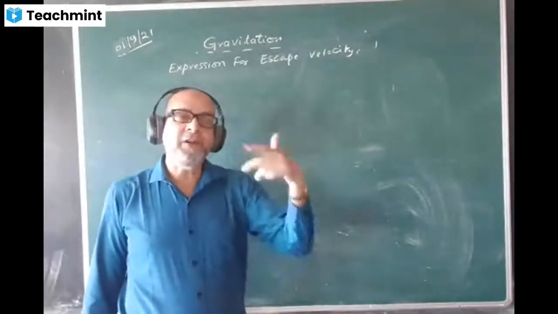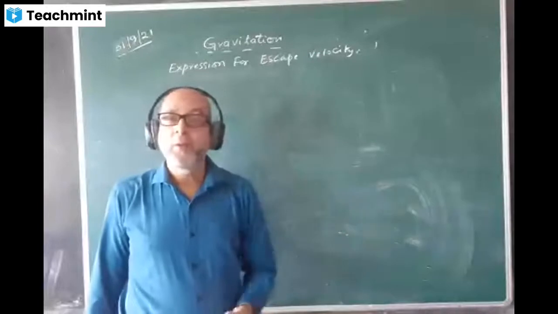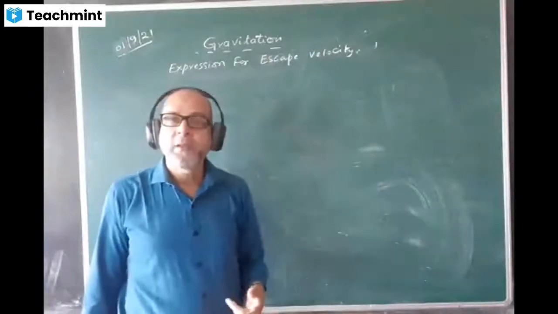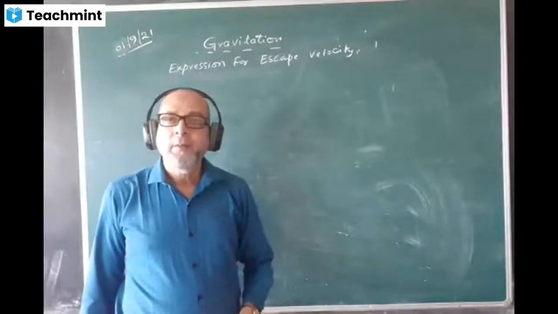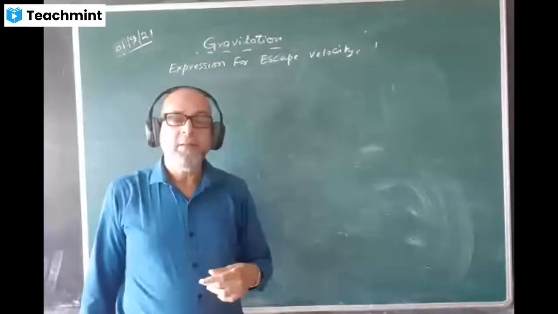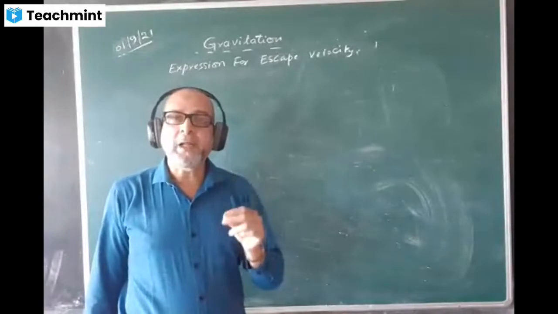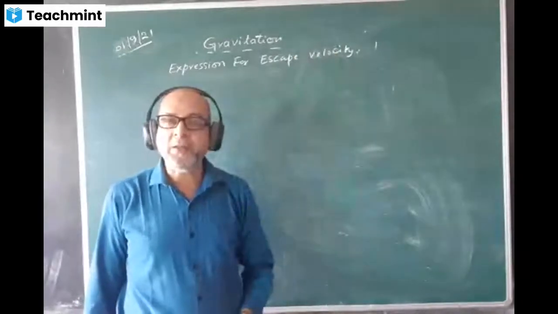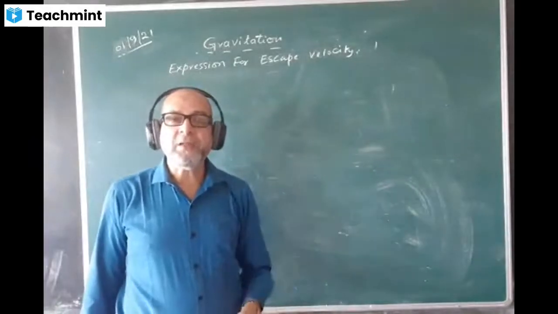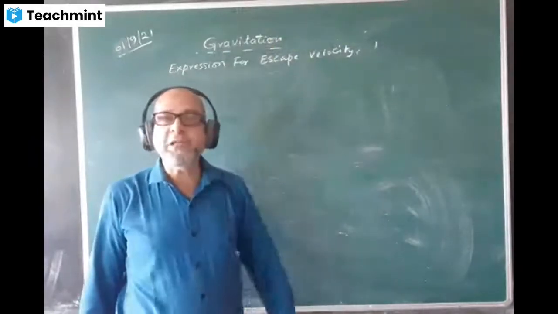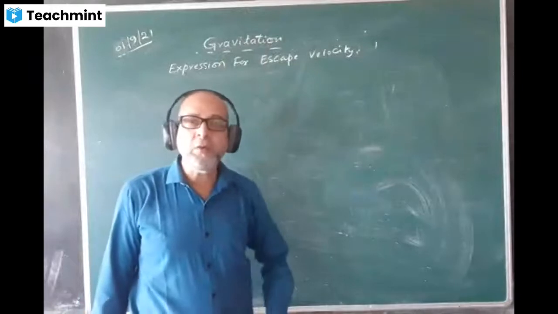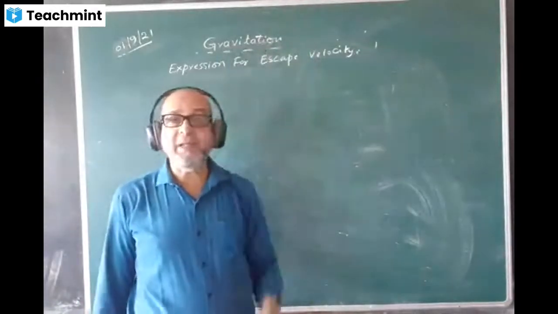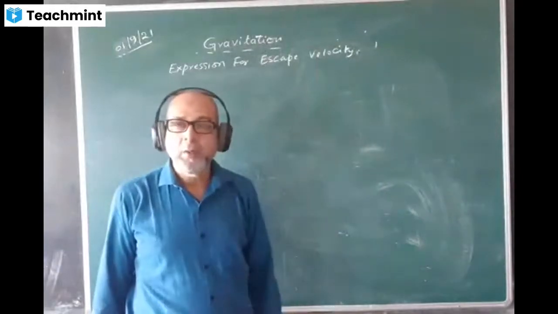It will differ for different surfaces, such as the Moon surface or the Mars surface. It is the velocity given to a projectile so that the body does not return back to the surface. The body is escaping the Earth's gravity. It will never return back.